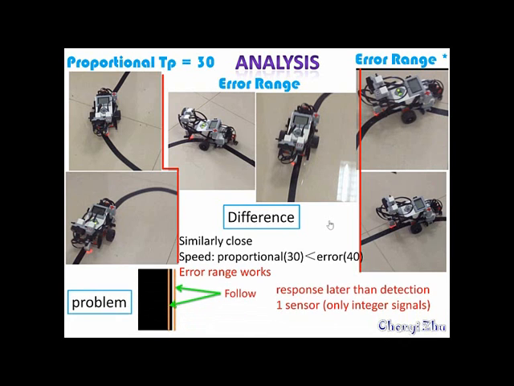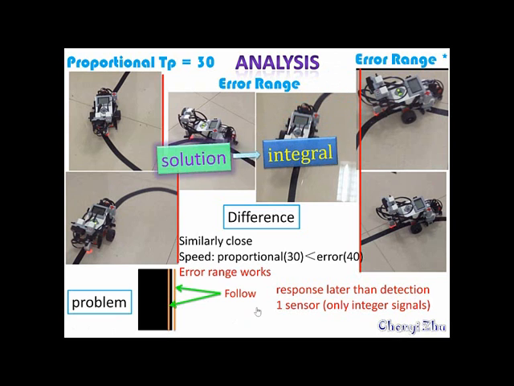The robot cannot exactly follow the target line. It may follow the line beside it. This is because its response is later than the detection, and the robot only has one sensor which can only give integer signals. So how to solve it?